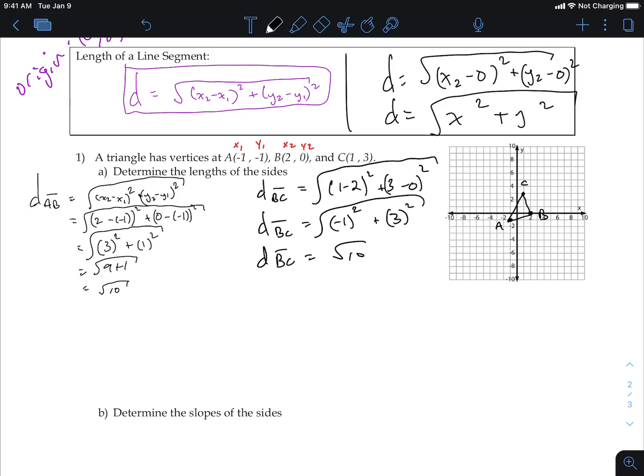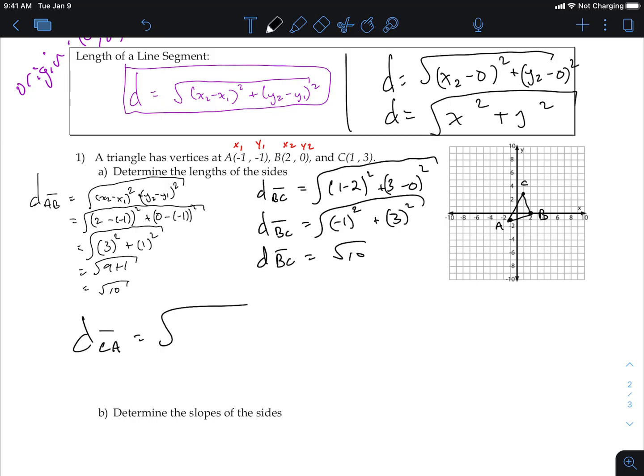How do we know it's not equilateral yet? Okay. Everybody okay? Let's do the last one. Distance of CA, line segment CA, or AC.